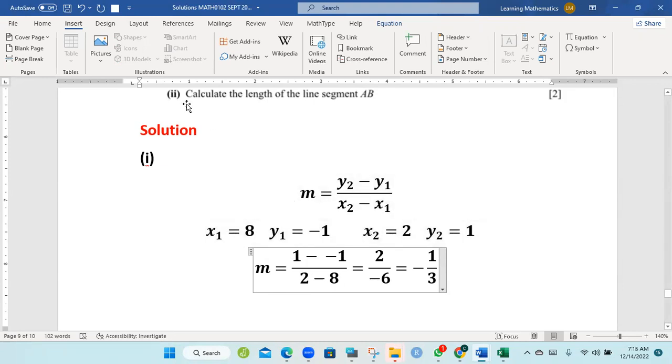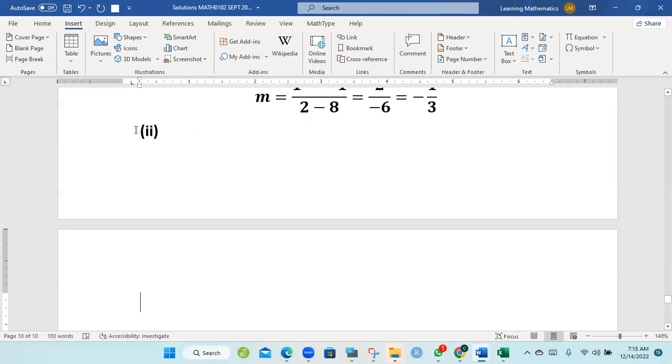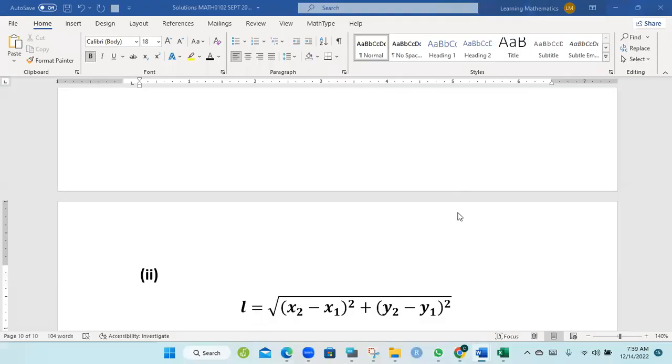And the second part is calculate the length of the line. So we need to identify the formula for length of line. So now we have established the length of the line is equal to the square root of x2 minus x1 all squared plus y2 minus y1 all squared, the square root thereof.